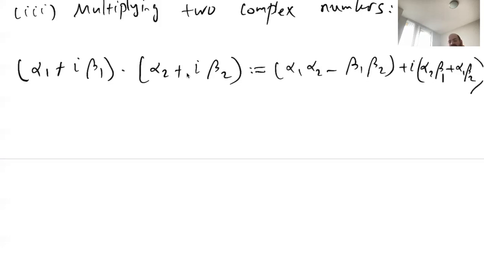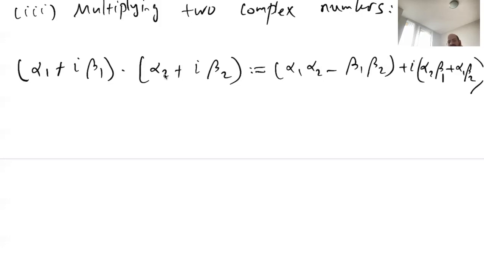In this generalization called complex numbers, we want some number to exist such that the square of that number is minus 1. That number is basically I. We want I squared to be minus 1.